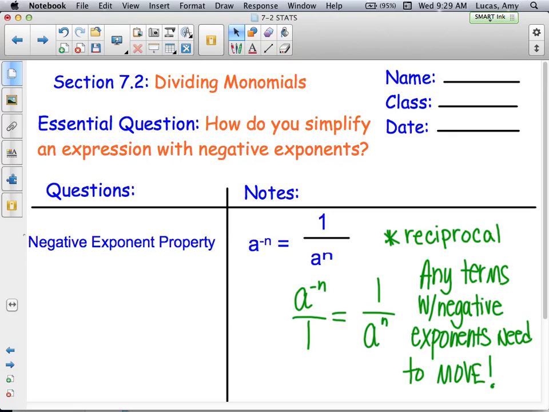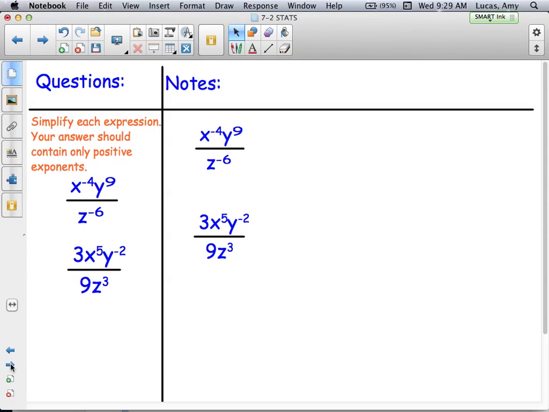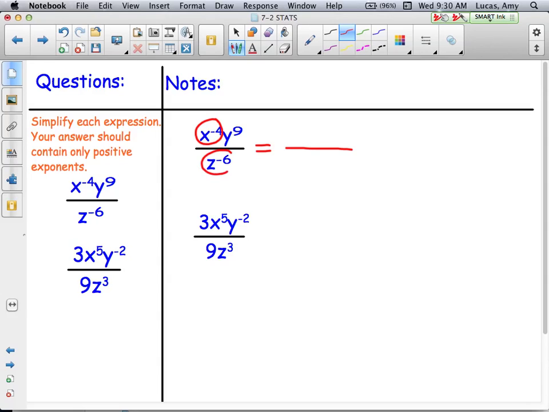Okay? So let's try this out. So we have a couple of examples here. So here's what I'm going to do. I am going to move the ones that have negative exponents on them. So circle the terms that have negative exponents. If it's on the top of the fraction, it's going to move to the bottom, like this, to become positive. If it's on the bottom, it's going to move to the top to become positive.